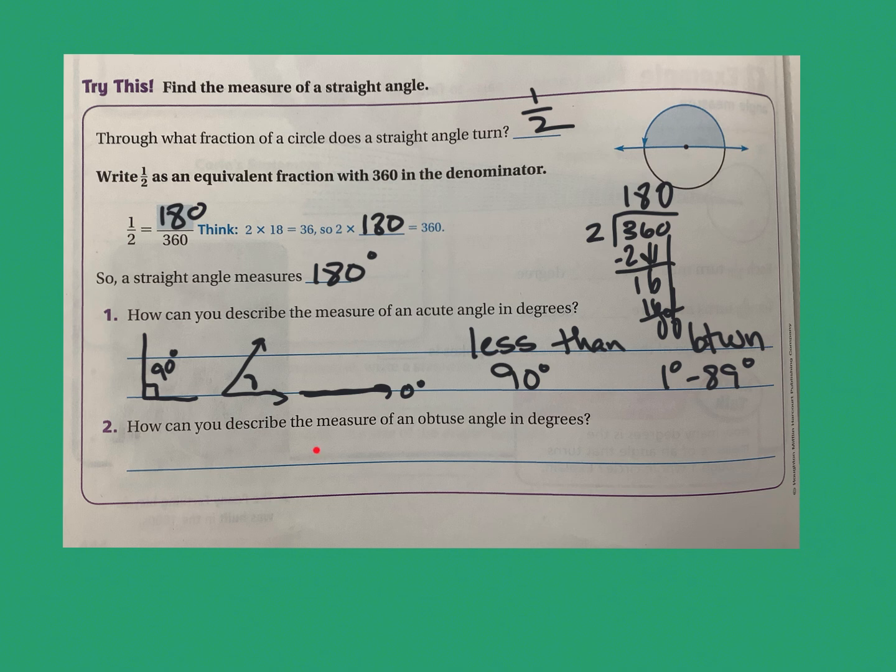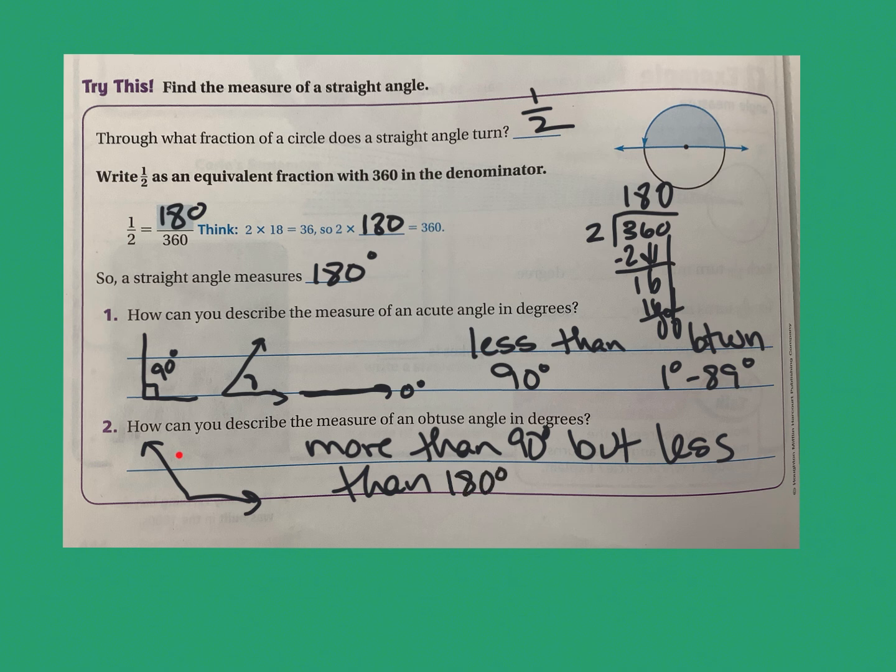How can you describe the measures of obtuse angles in degrees? Remember, those are the ones that are leaning backwards like that, but not all the way flat as a straight angle. So it's going to be more than 90 degrees, but less than the straight angle, which was 180 degrees.